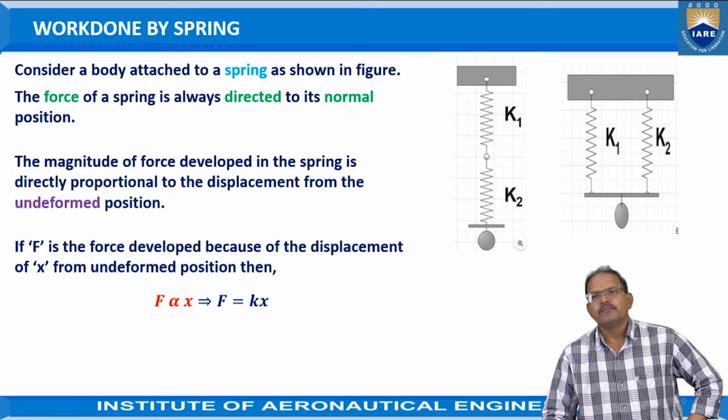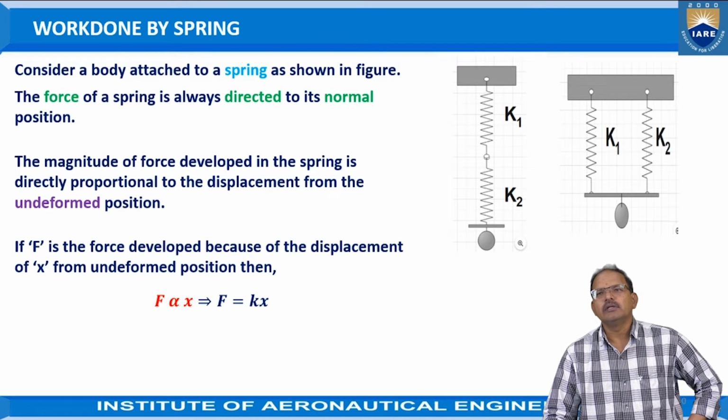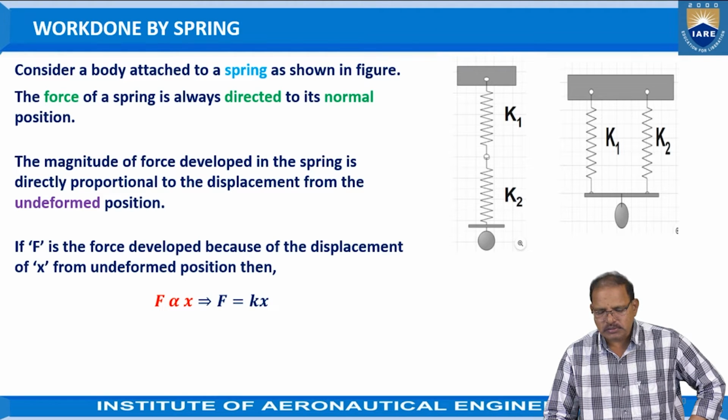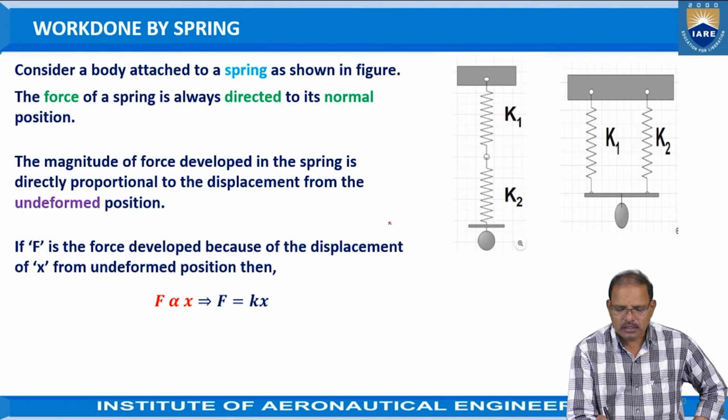In series, k1 and k2 represent the stiffness constants of the two springs, and the total spring constant for the combined springs can be written as k is equal to k1 plus k2.